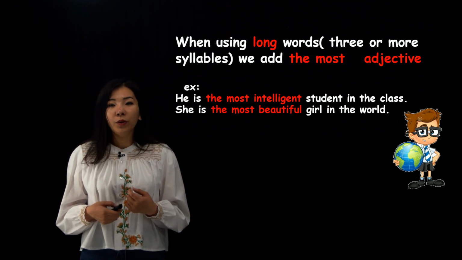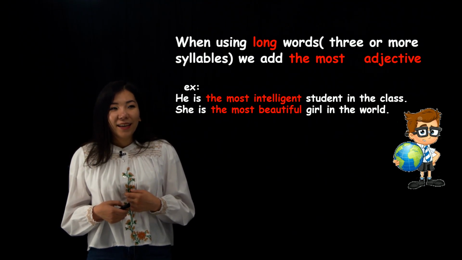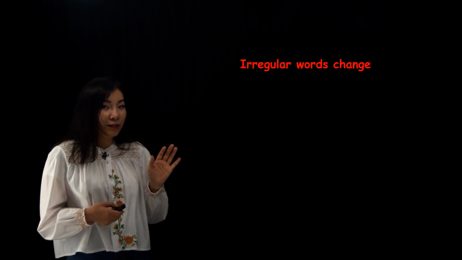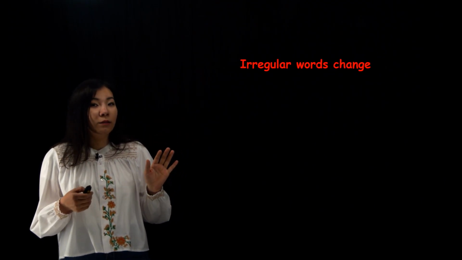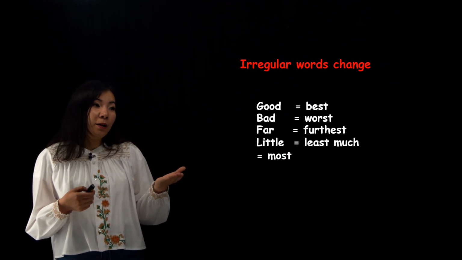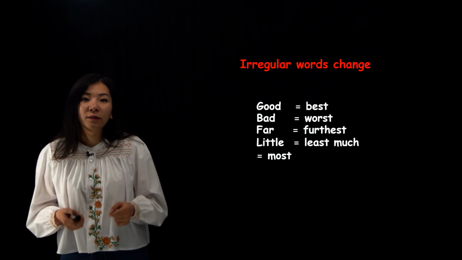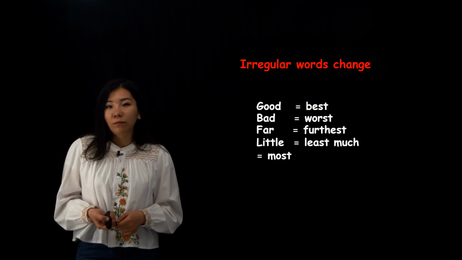She is the most beautiful girl in the world. Again, our irregular adjectives in superlative form are totally different words. Good now becomes best, bad, worst, far, furthest, little, least, much, most.